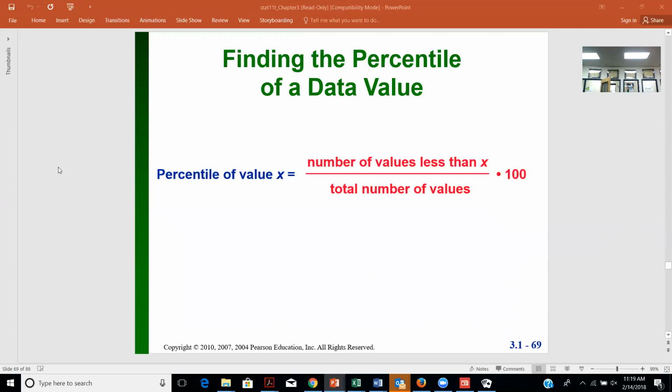So again, we have two different populations here. One is the population of women and one is the population of men that we've taken our samples from.